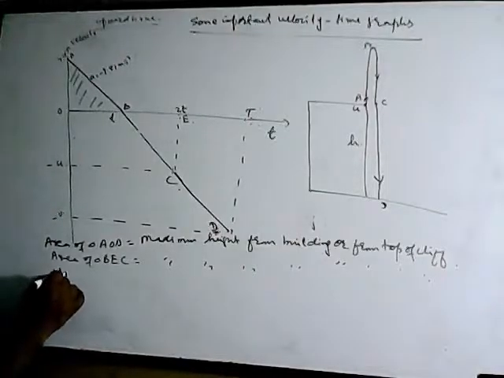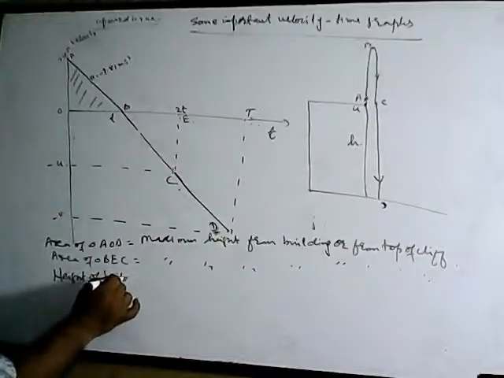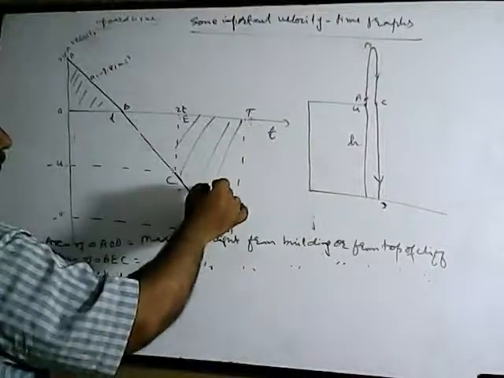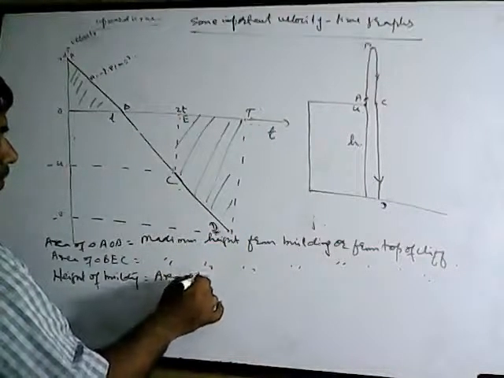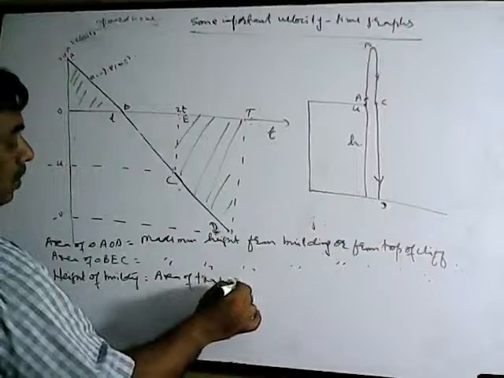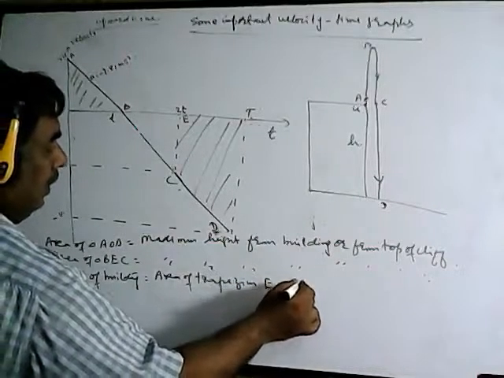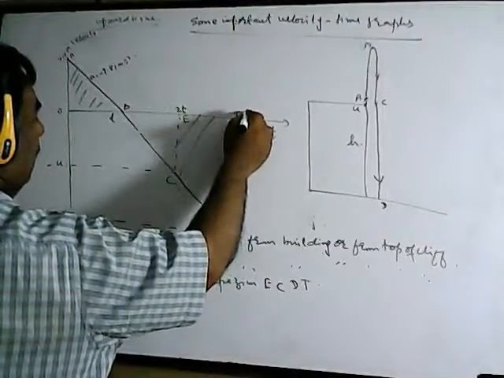Height of the building is actually the area of this trapezium, ECDT. I suppose this is the T timing.